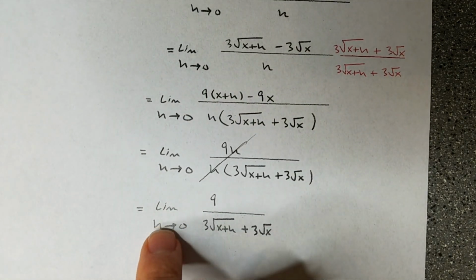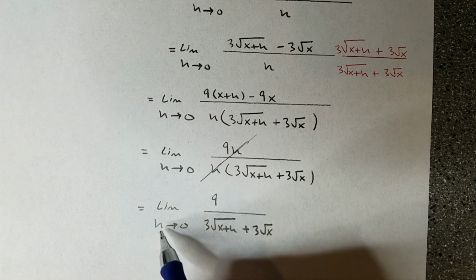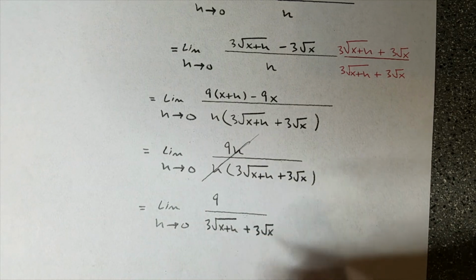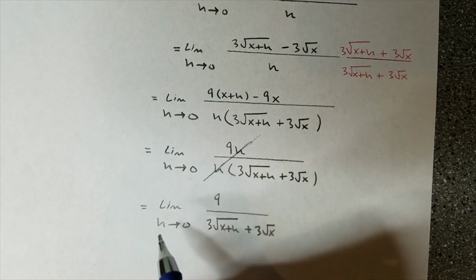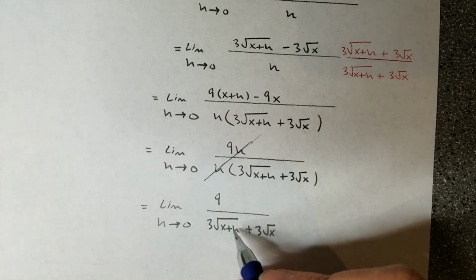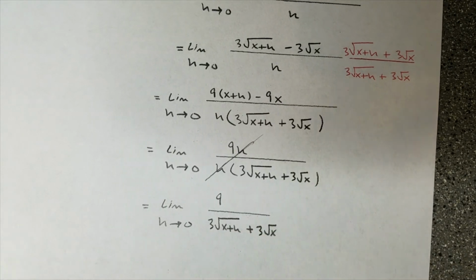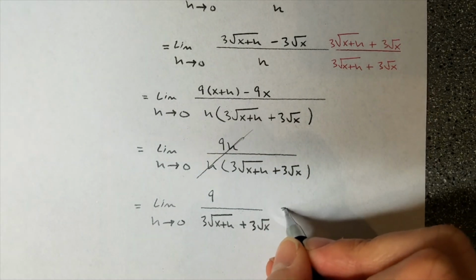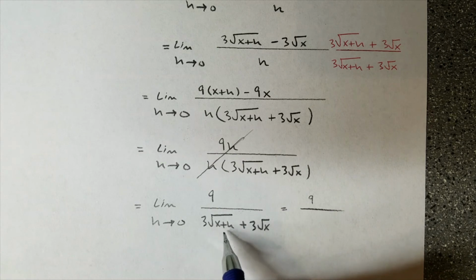Now, it's at this point that you can find this limit by pushing the h all the way to 0. We're to the point where you can do it that way. If I push h all the way to 0, that becomes 0, right? H goes to 0, all that goes away. Then I'm going to get 9 on top. And this part now is 3 root x plus 0.